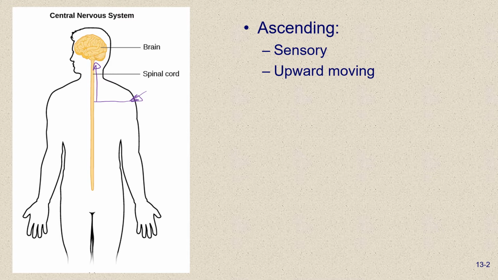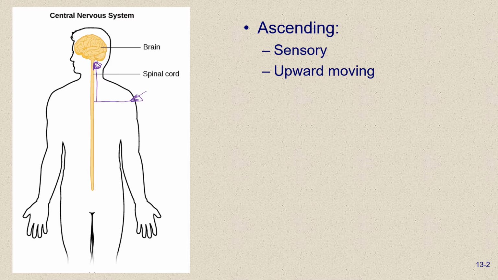Because this information is traveling in an upward direction, the nervous system structures that are conducting these nerve impulses are referred to as ascending structures. The information is referred to as ascending information. The electrical impulse could be called an ascending impulse, and these travel through what would be called ascending tracts or pathways.